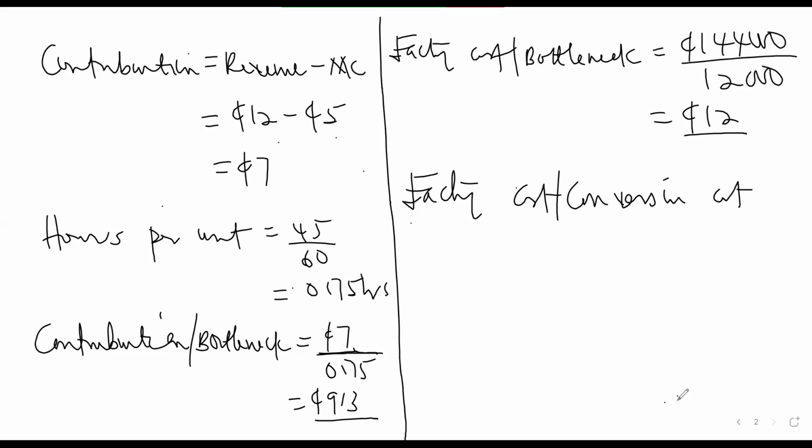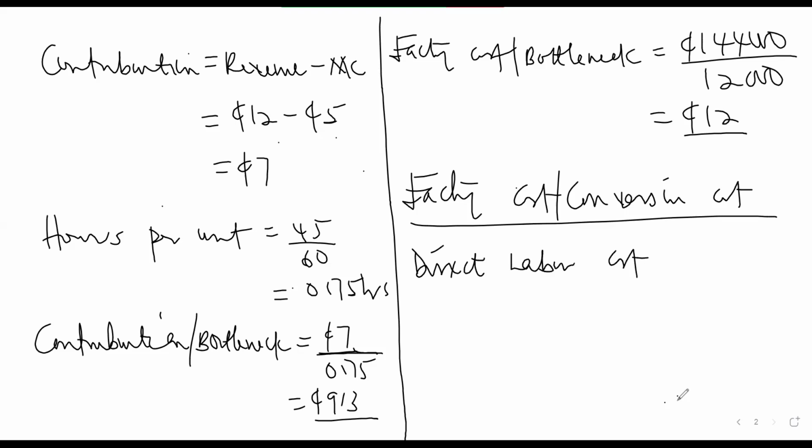You count your direct labor cost. Sometimes the question can tell you that the direct labor cost should be calculated based on the total product. Sometimes they will not say anything. Then it means that though the direct labor cost is variable, it will not be part of the direct cost.